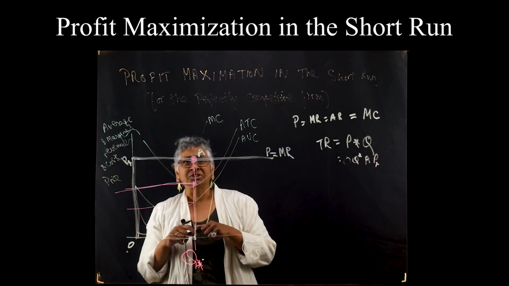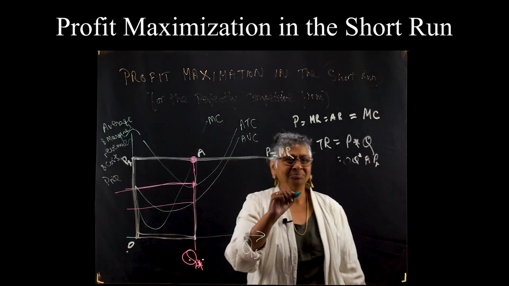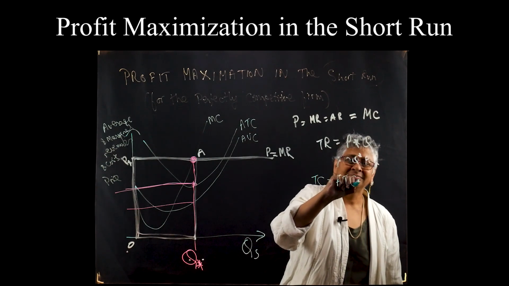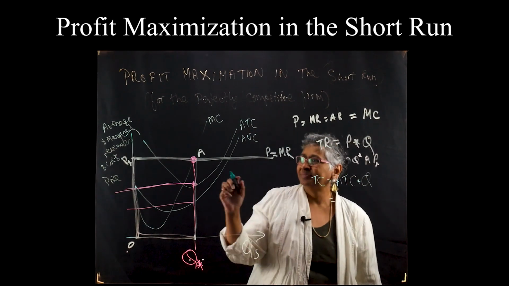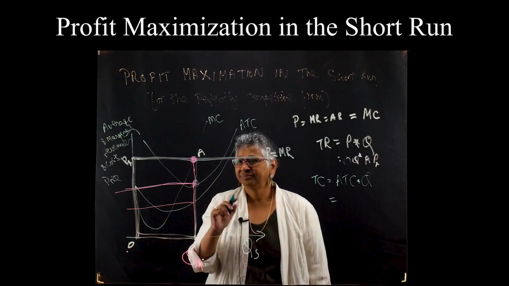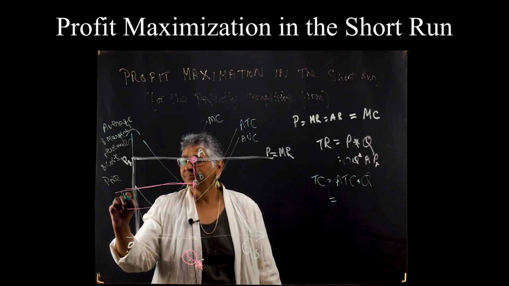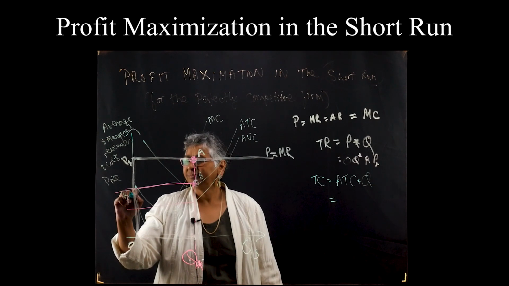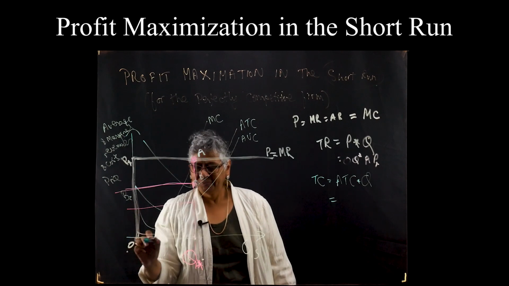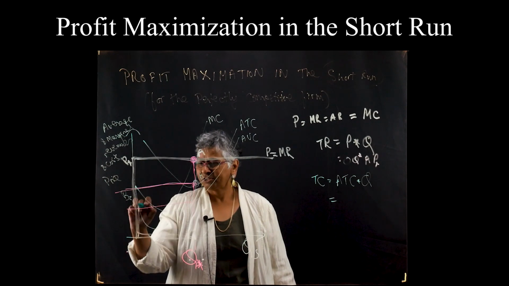How do I figure out my total cost? For that, I go to my average total cost. Here on the average total cost curve. We'll call that point P. Quantity times average total cost.